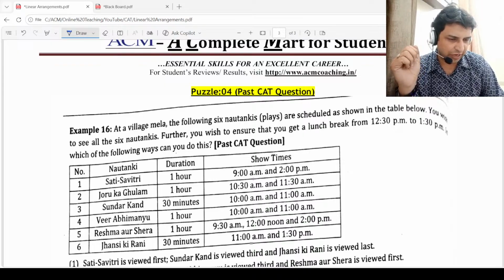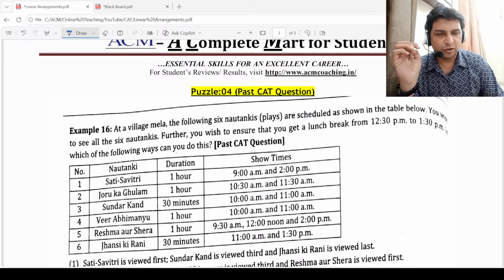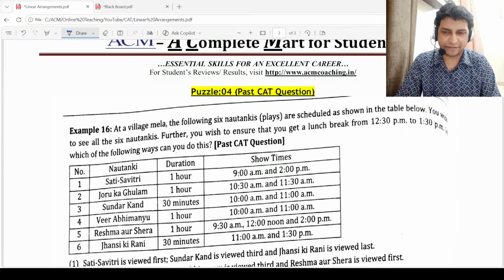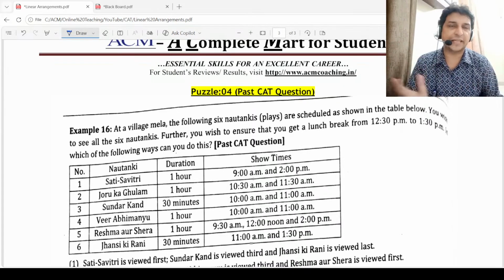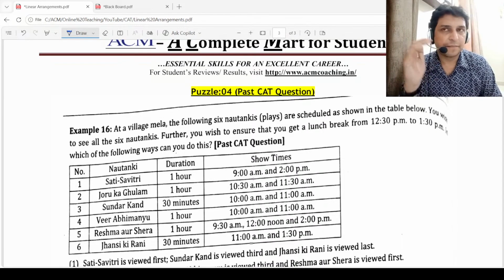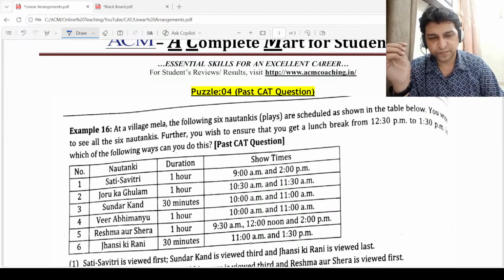The second question which you have says, to score above 90 percentile, one must get 90 percentile in each section. So that is not true. To get above 90 percentile, it is not like you have to get above 90 percentile in every section. But yes, for IIMs, you have to clear the sectional cutoffs.